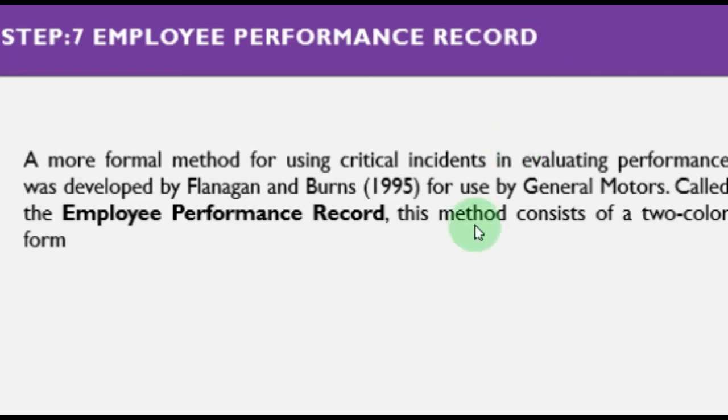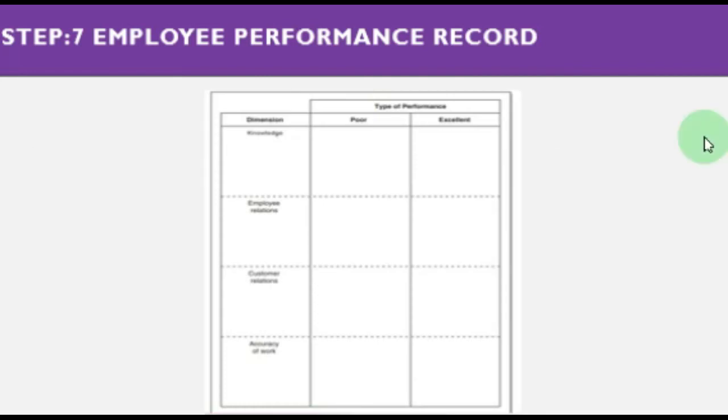Okay, so, but not all of the companies are using this employee performance record. This method consists of a 2-color form. Okay, so you may find it in the book of Michael Amod, but we're not going to further explain that one. Okay? We have here pala. Okay, so halimbawa is knowledge.